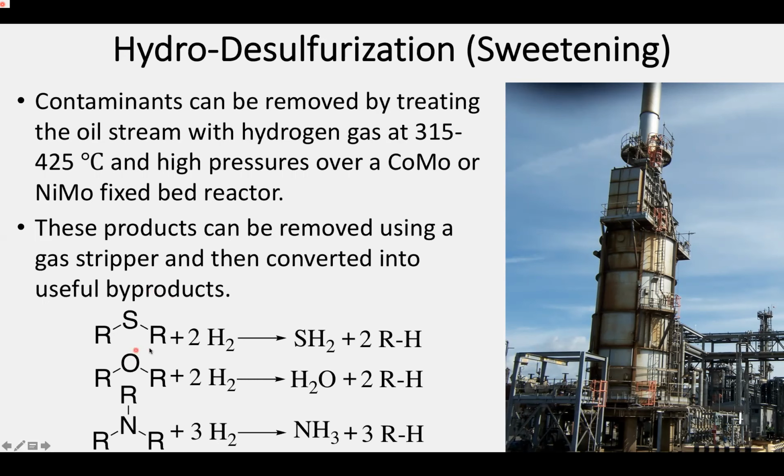If I have, say, a sulfur impurity, we can imagine this as a sulfur-based ether. When we treat it with 2 equivalents of hydrogen, we generate hydrogen sulfide and essentially truncate the associated carbon group. And then again, we can use gas stripping to pull out the hydrogen sulfide.